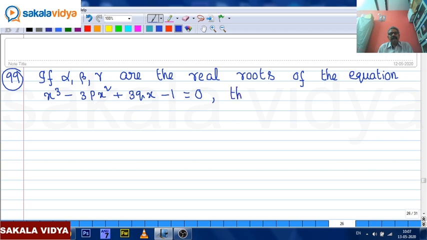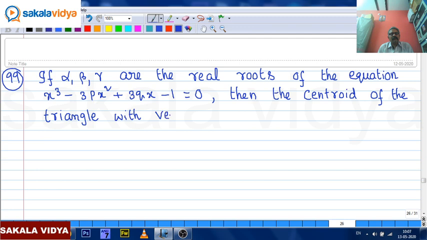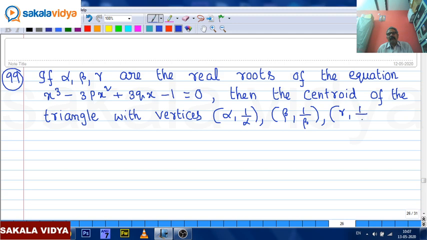Then the centroid of the triangle with vertices alpha comma 1 by alpha, beta comma 1 by beta, gamma comma 1 by gamma is.